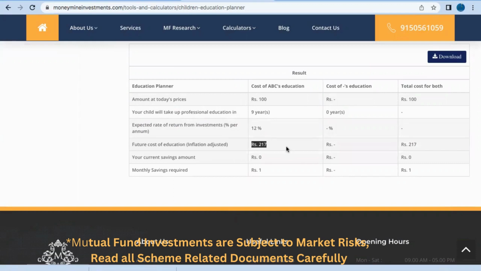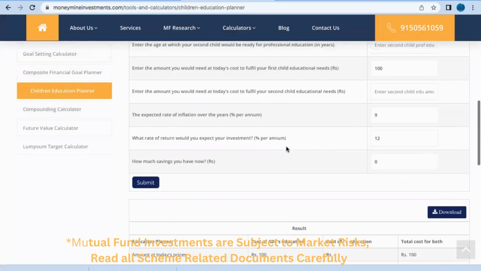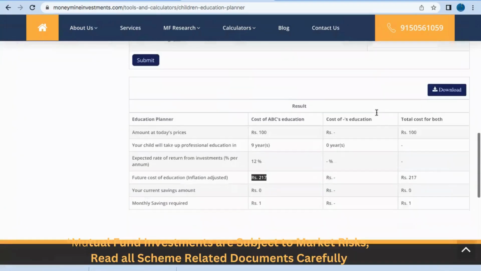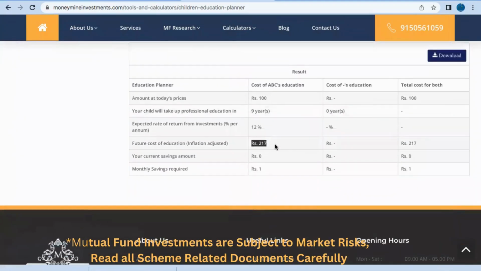Today, the cost of education, let's assume, is 100. It is going to cost 117 rupees more after 9 years, assuming an inflation of 9%. You remember, we have assumed the inflation as 9%. So 117 rupees is the extra amount that we should be planning for; in total, it is 217 rupees that we need to plan.